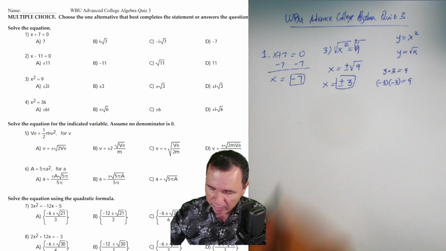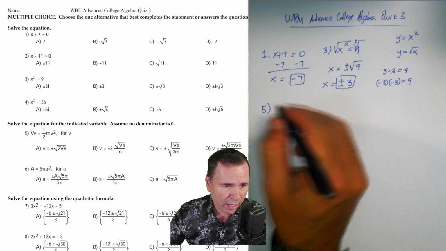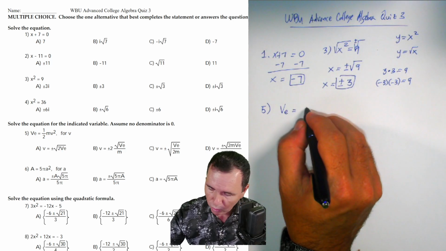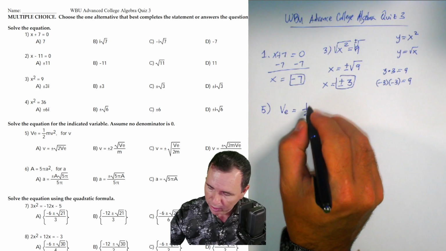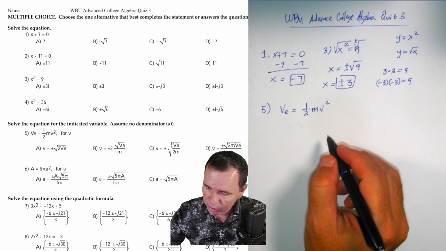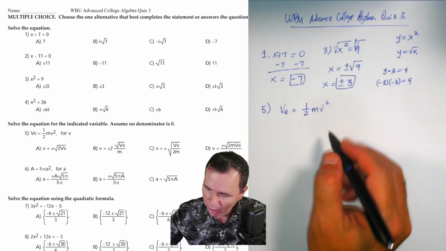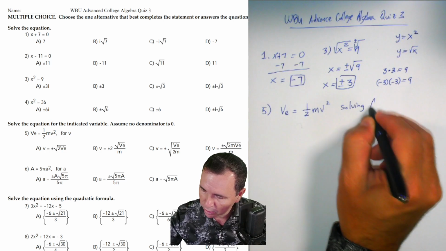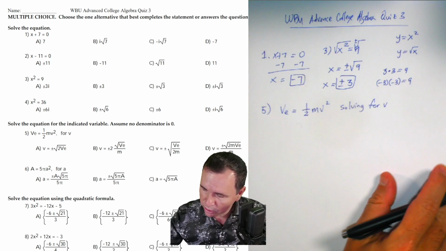I'll do number 5. So problem number 5 says KE is equal to 1/2 mv squared. This is a physical phenomenon. This is kinetic energy, right? We're solving for v. So your goal is simple.